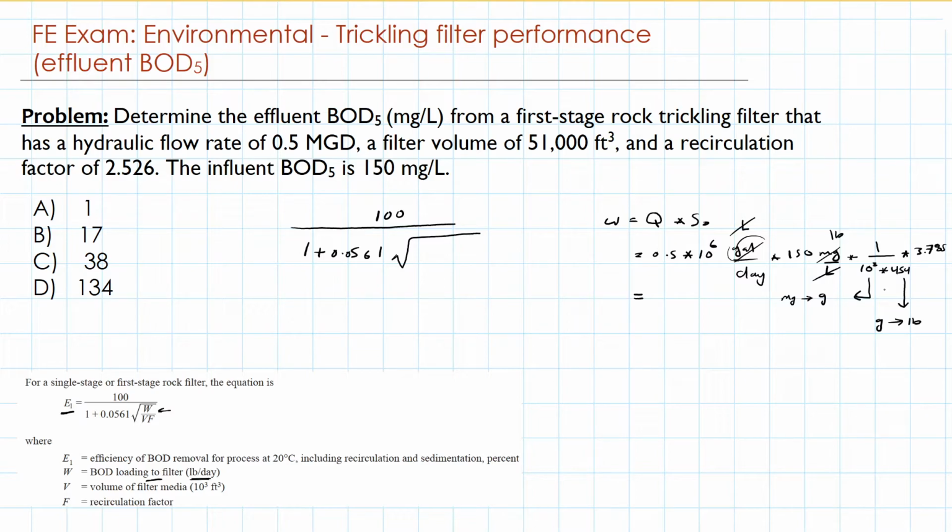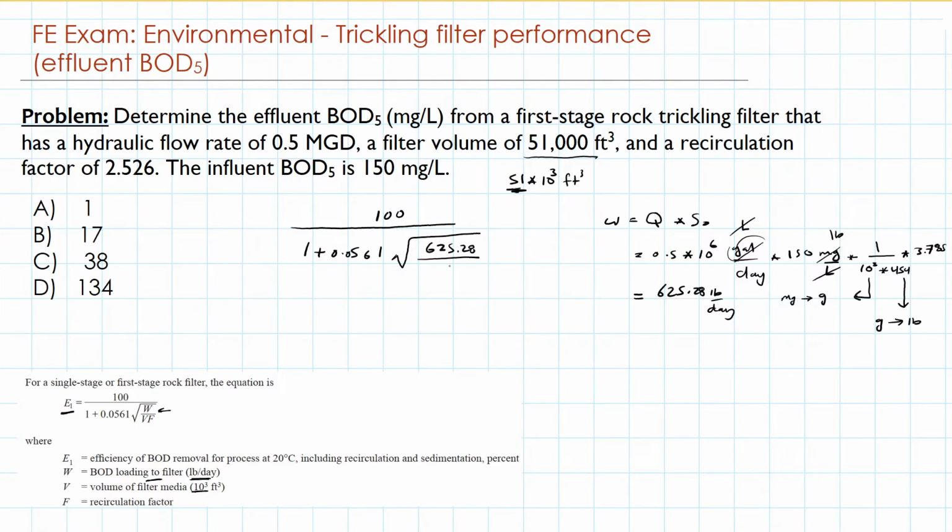So our answer for the loading rate is 625.28 pound per day. So 625.28 divided by V, the volume of the filter media in units of 10 to the power of 3 cubic foot, so it's 51 multiplied by 10 to the power of 3 cubic foot.